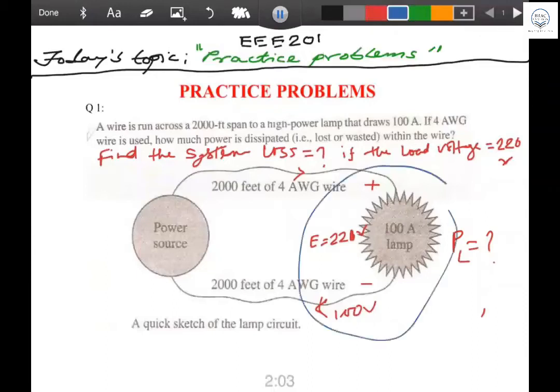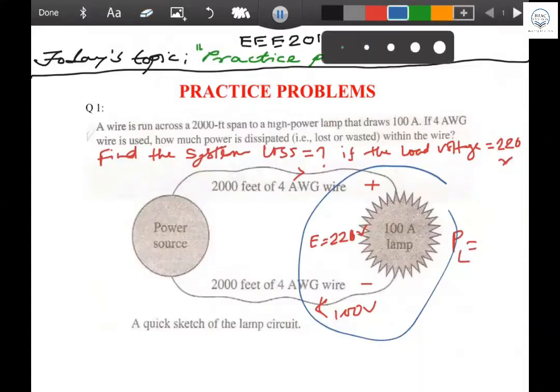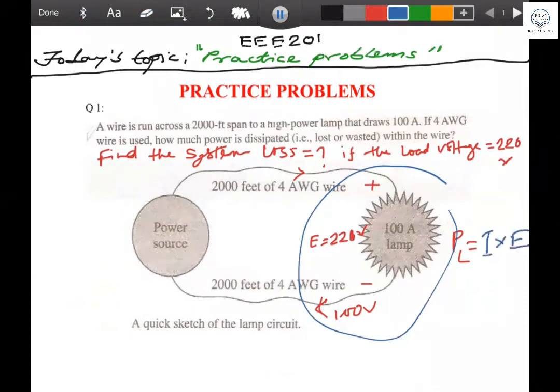Tell me. P equals I into E. Everybody try to understand what he said: P equals I into E.